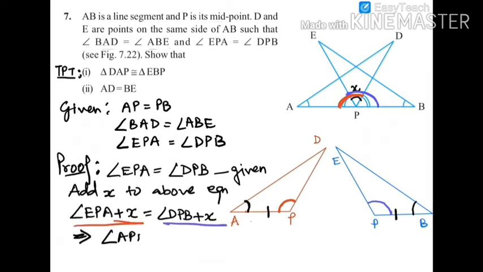So we can say that angle APD is equal to angle EPB. So now we have the third part in these two triangles equal. Let's write down the other two parts.